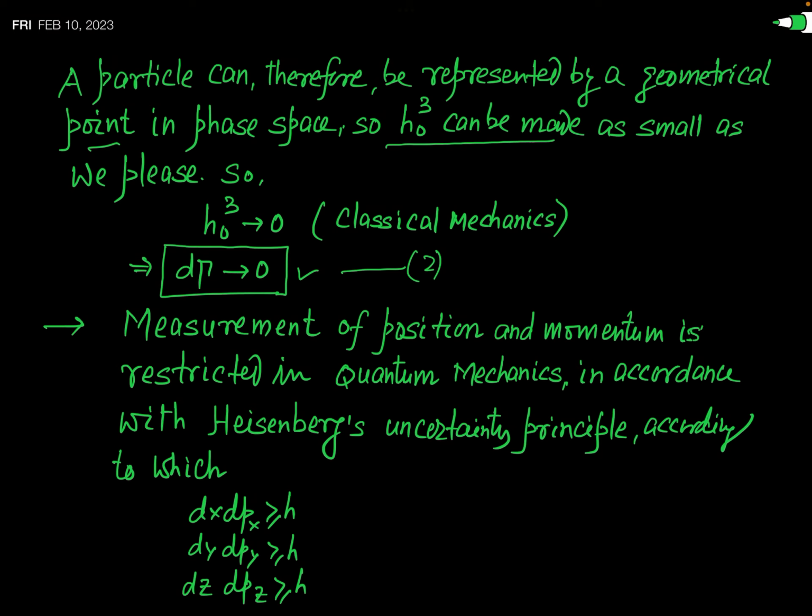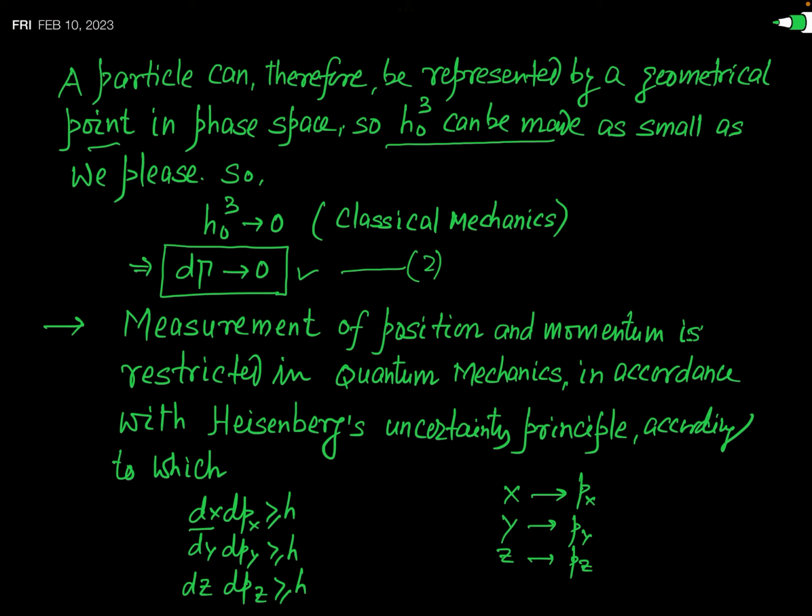According to the Heisenberg uncertainty principle, if the uncertainty in measuring the position is dx, then the conjugate momentum is px. When the position coordinate is y, the conjugate momentum is py, and for the position coordinate z, the conjugate momentum is pz.